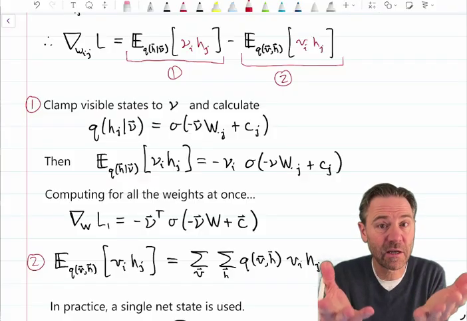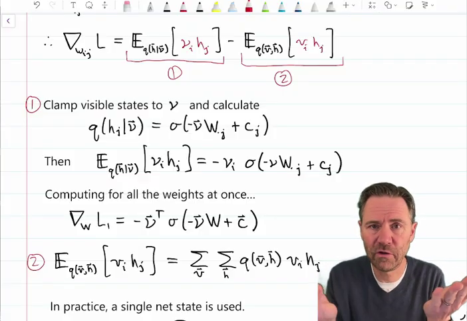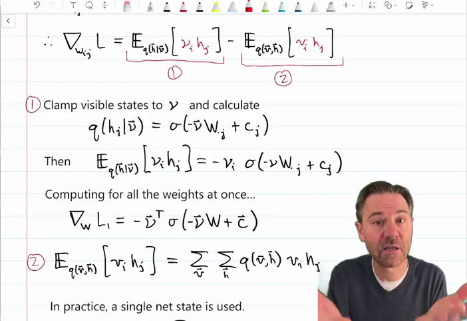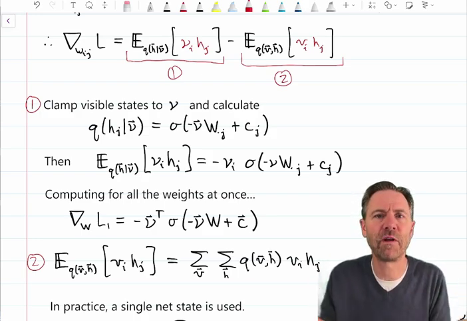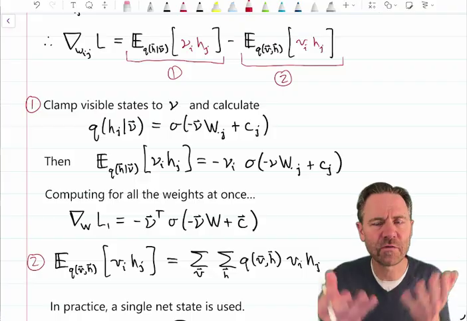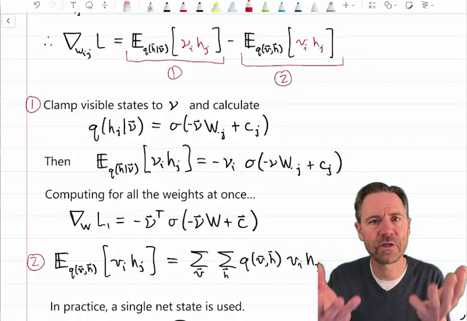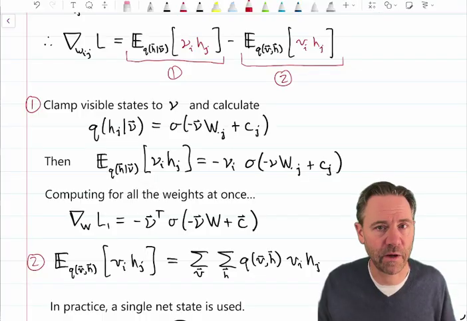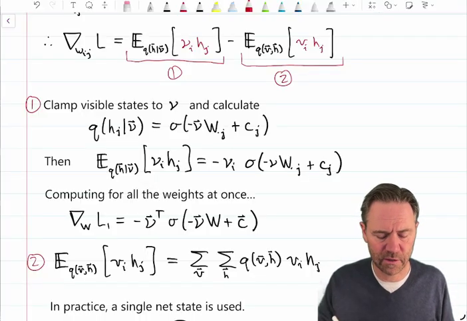Those probabilities are the expected values. You could binarize them, like do the Bernoulli process, turn them into ones and zeros, but you'd have to do that hundreds or millions of times to get a good idea of how often each node is on or off. Why not just take the Bernoulli probability directly? So that's what we're doing here.